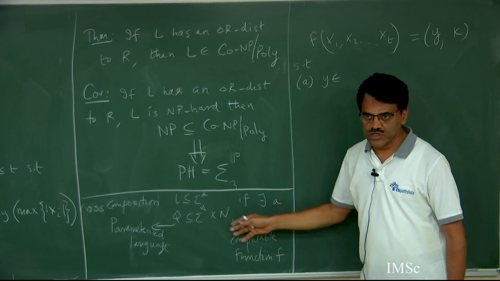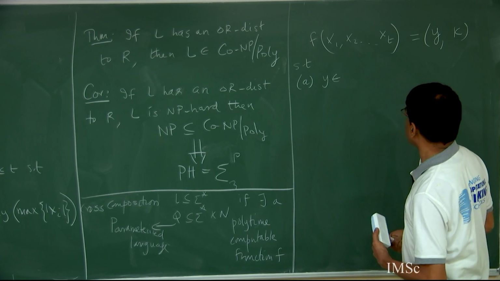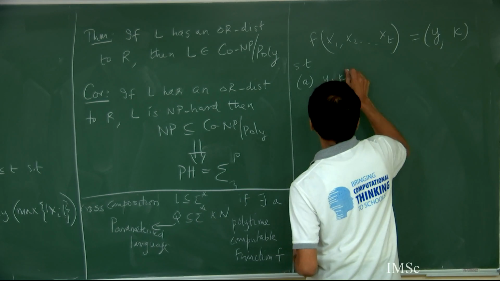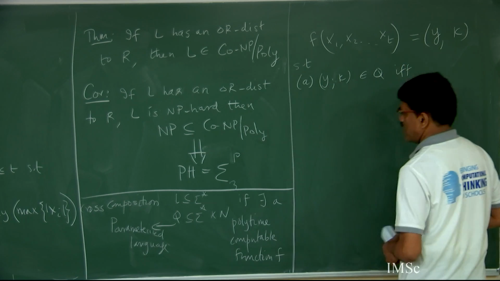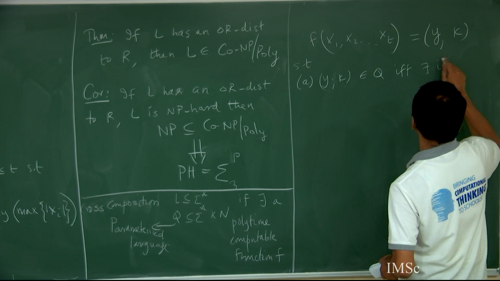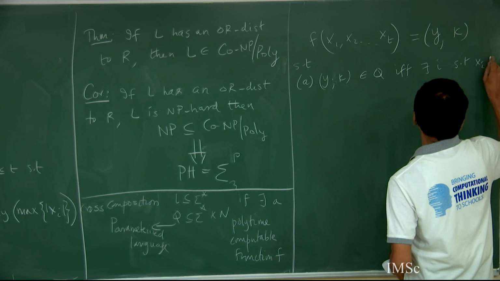What you reduce to is a parameterized language such that (y, k) is in Q if and only if there exists i such that x_i is in L.